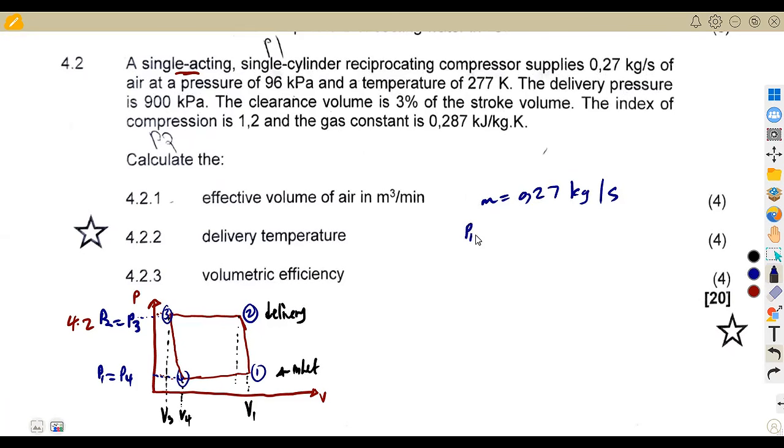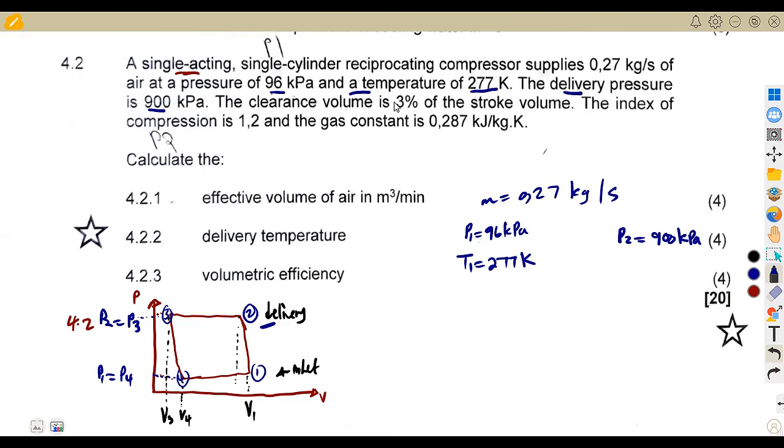So we've got P1 at 96 kilopascal, and a temperature in Kelvin. You're given the temperature, which is T1 at the inlet, 277 Kelvin. And at the delivery, we've got P2, which is 900 kilopascal.